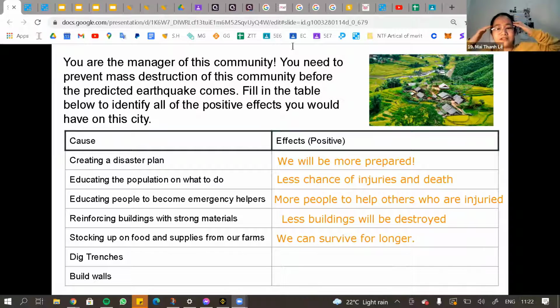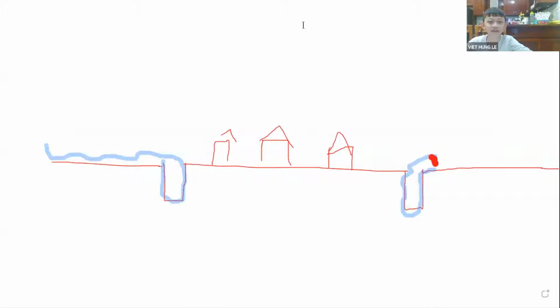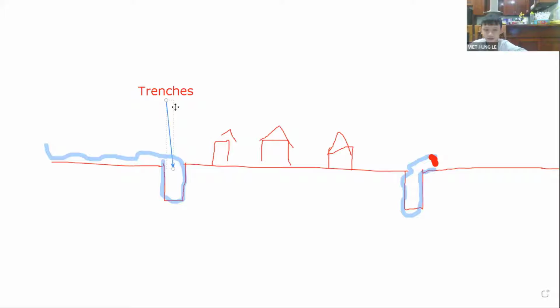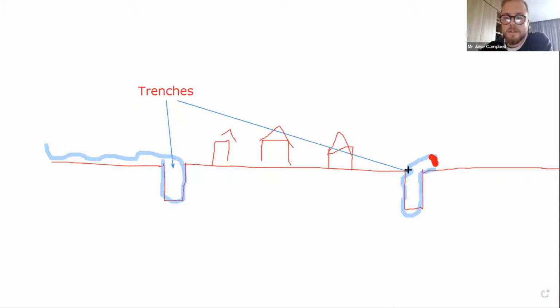Yeah, there's trenches in the ocean, but we can make trenches too. So class, these are trenches. It's when we dig long holes in the ground to collect water. It can even work for lava too.